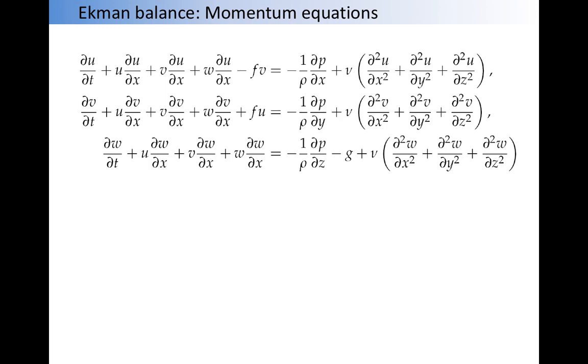So we're going to look at the Ekman balance with the momentum equations. This is the simple copy from previous lectures. Acceleration first, then the advective terms u, v, w differentiated with respect to x, y, z. Sorry, there's a typo, it should be x, y, z.